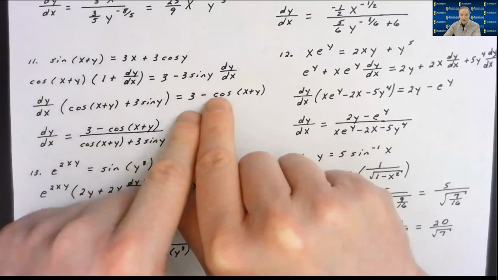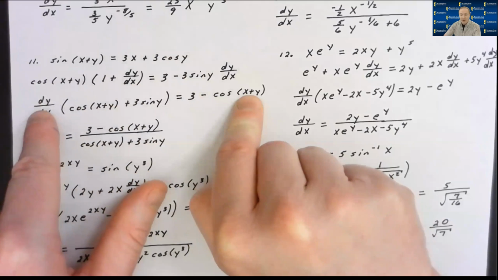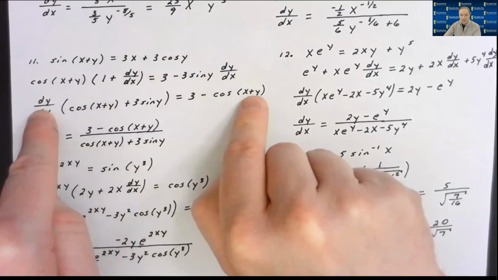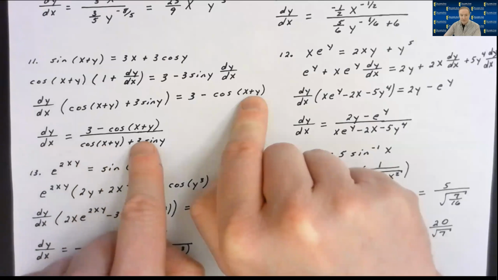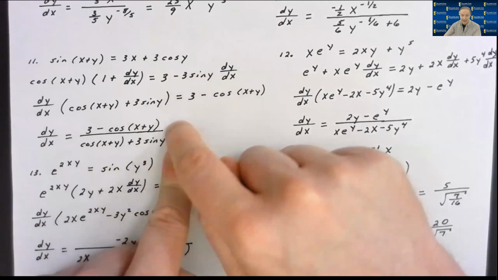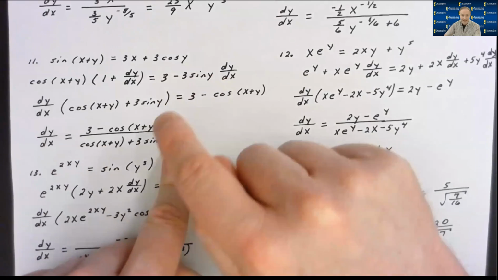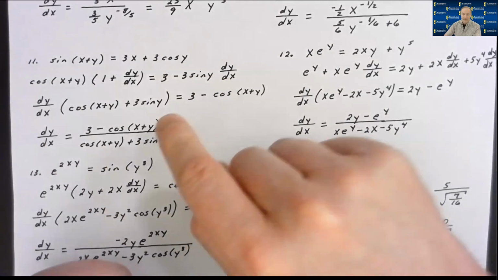And when it does, it becomes a minus cosine of x plus y. So now dy/dx is equal to what I had on the right, divided by cosine of x plus y plus 3 sine y. Final glorious answer there. I like that problem. You can expect to see one like number 11.